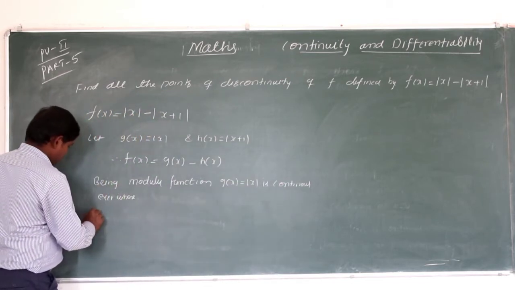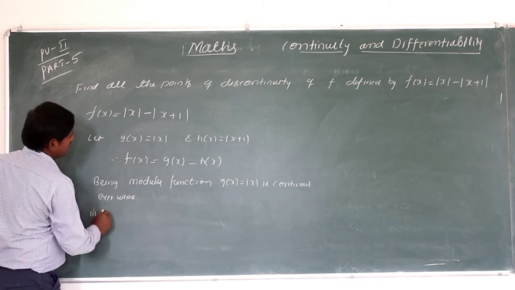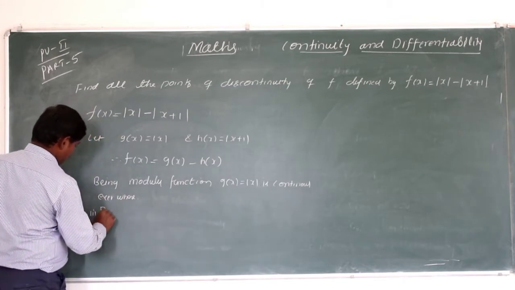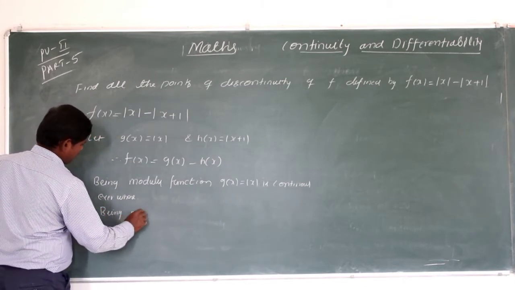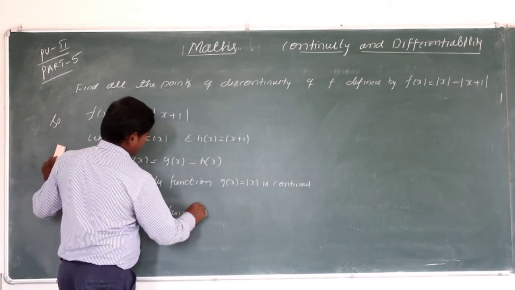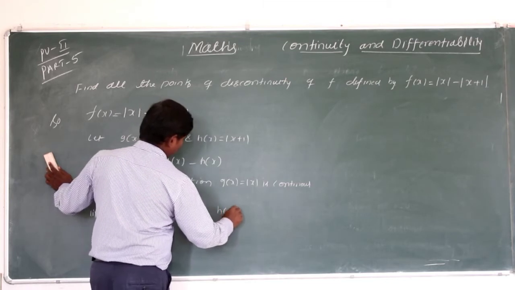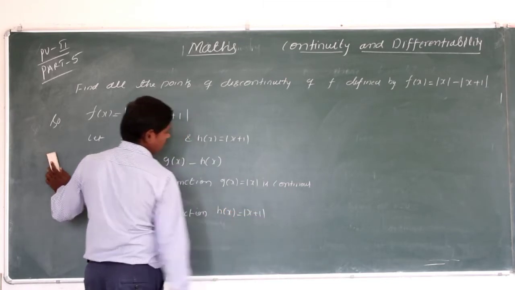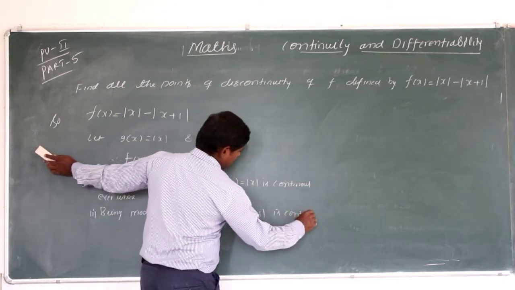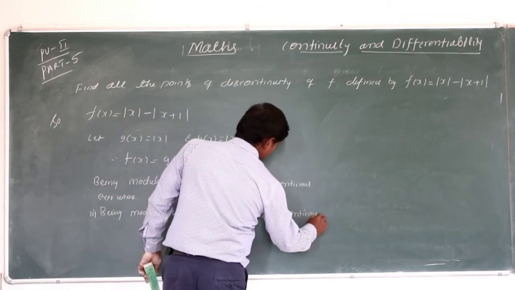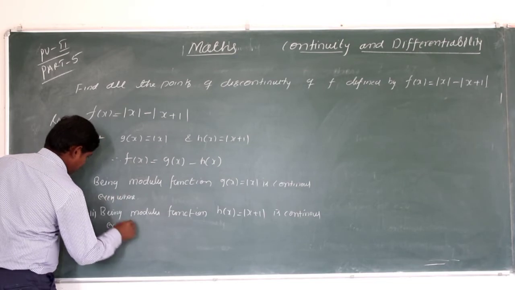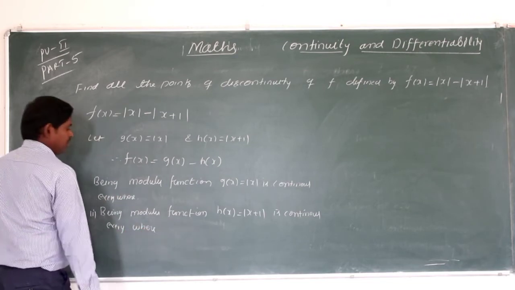Similarly, h of x, being a modulus function, h of x is equal to mod x plus 1 is continuous everywhere.